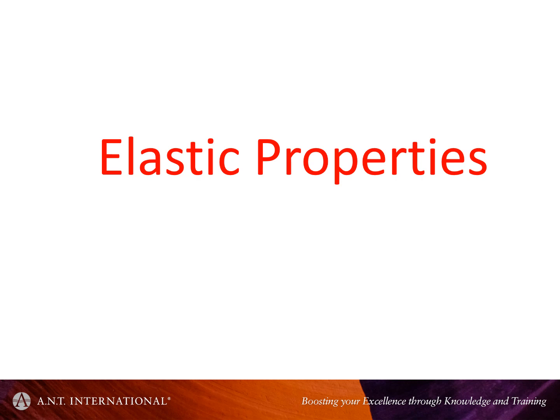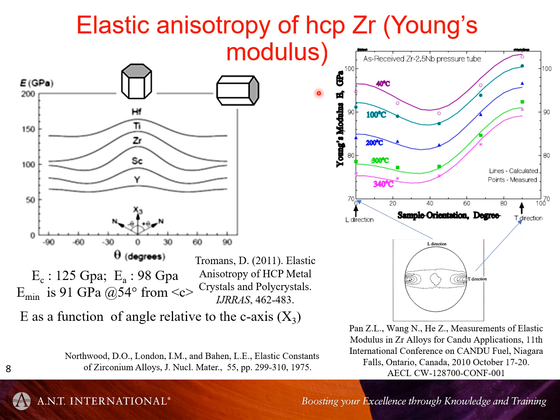So I've mentioned how the macroscopic properties are dependent on the distribution of the orientation of the crystals, and that is because the crystal itself has anisotropic properties. This shows the Young's modulus or elastic modulus for different hexagonal close-packed materials, and here is zirconium.